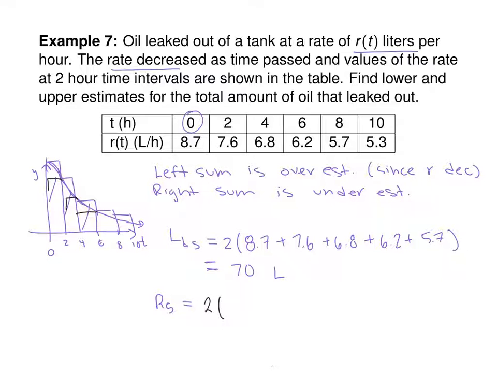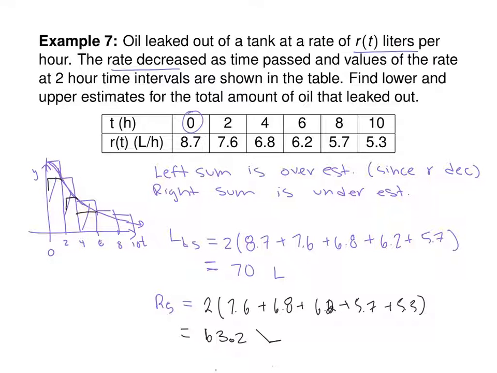So 2 times 7.6 plus 6.8 plus 6.2 plus 5.7 plus 5.3. That gives you 63.2 liters. Is that all right? Okay.